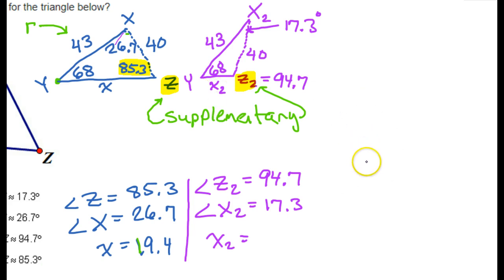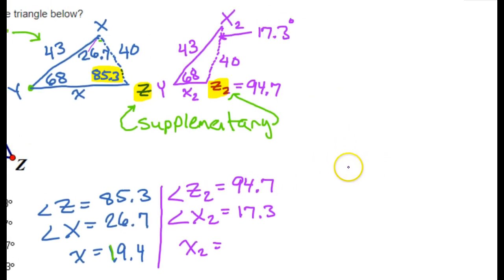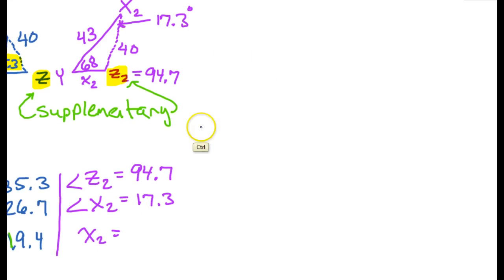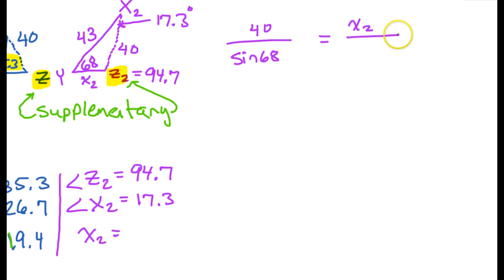And for this, I will actually have to use the law of sines. So since I'm looking for a side, I'm going to put the side on top. So we will have 40 over sine 68, and that should equal X2 over sine 17.3.